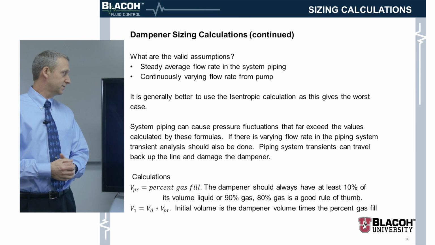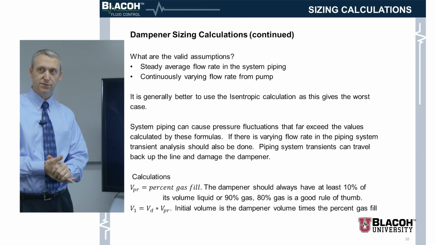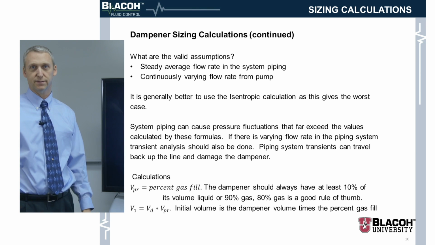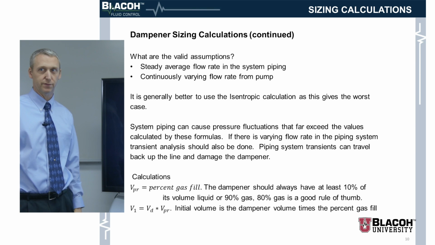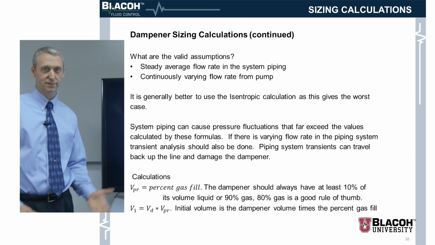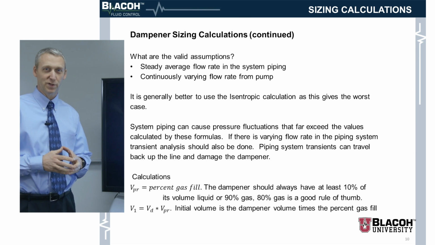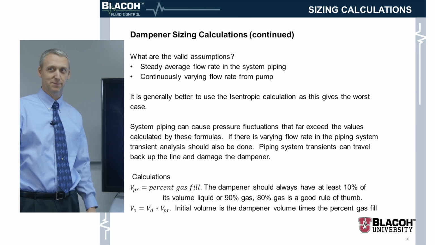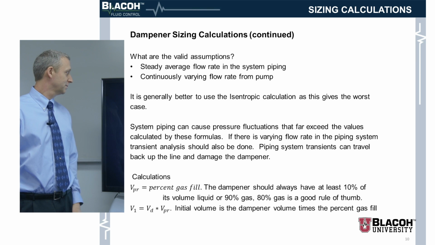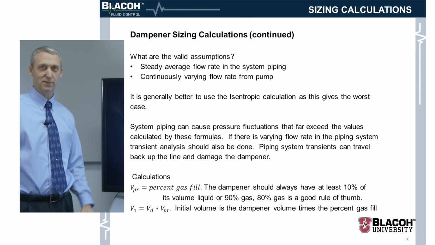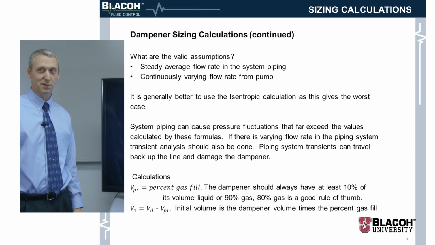Like I said, it's better to use the isentropic formula in most cases. That kind of gives you the worst case, which is generally what we like to design for because there's often factors that we don't know that come in there, and so better to have it a little bit more dampened in theory.